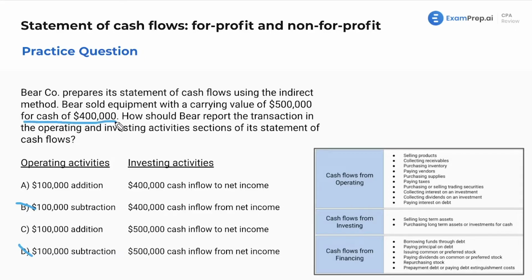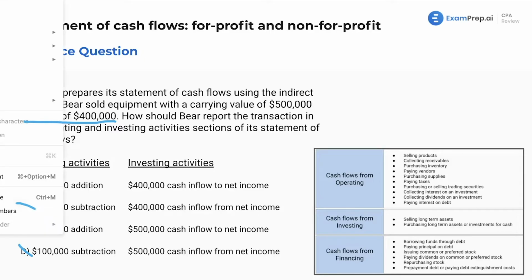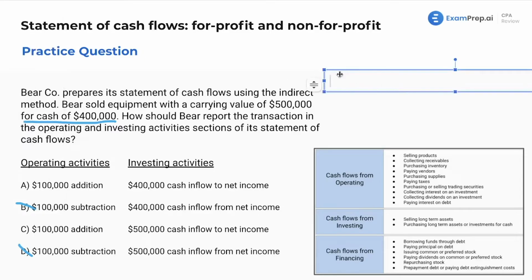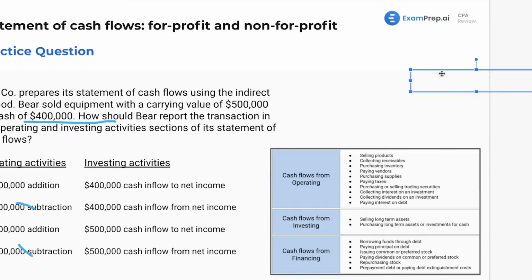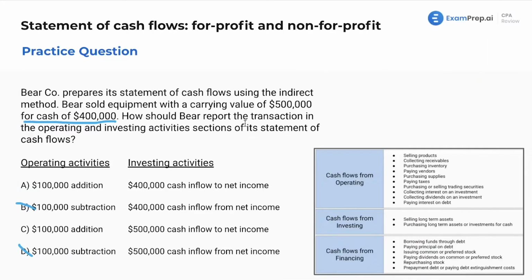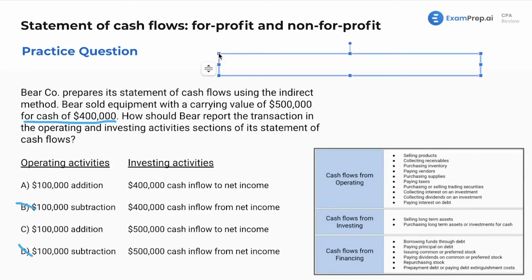In the journal entry, actually, I'll write out the journal entry for you. I always start with my cash in my journal entries because cash doesn't really lie. It's nice and easy to talk about. Oh man, where's my text box? All right. So our journal entry is going to have us debit cash because we sold something and received cash for 400.